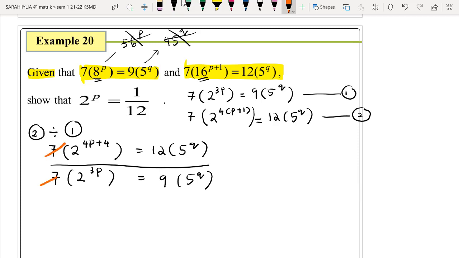So, 7 dah boleh potong. 5 power Q dah boleh potong. 2 tak boleh potong. Hati-hati, kuasa tak sama darjat kat situ. So, kita kena simplify using indices rule. So, when you have the same base, different power, what happens to the power? Kuasa tu akan jadi tolak. And then 12 divided by 9 tak ada apa-apa lah. Awak boleh buat kat situ kan. So, dia akan jadi 4 over 3.